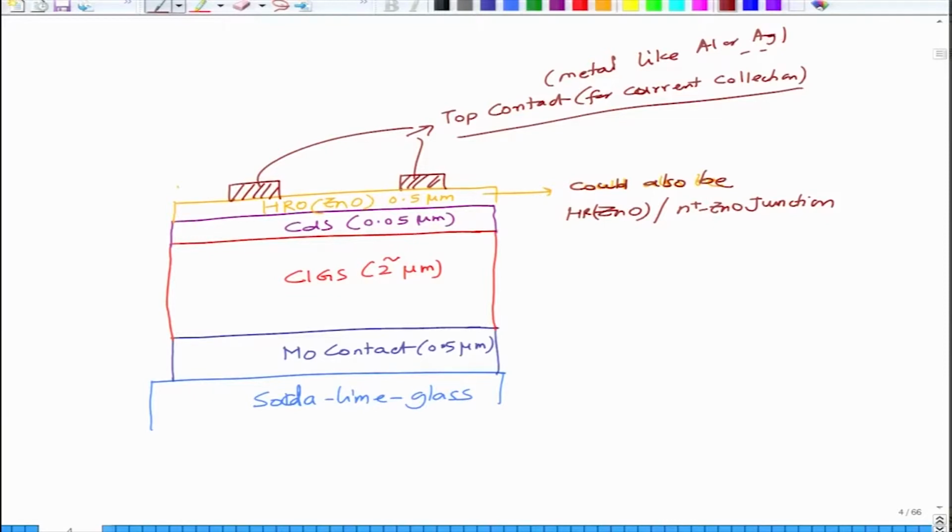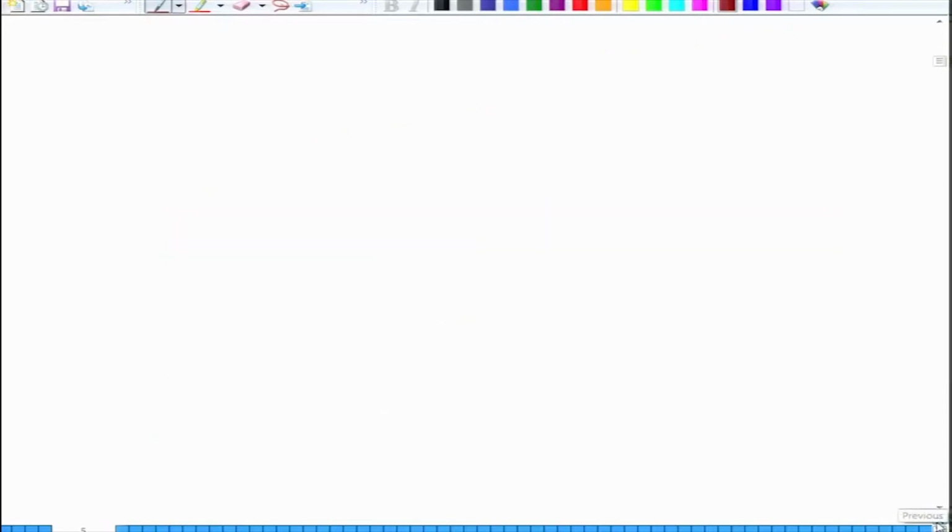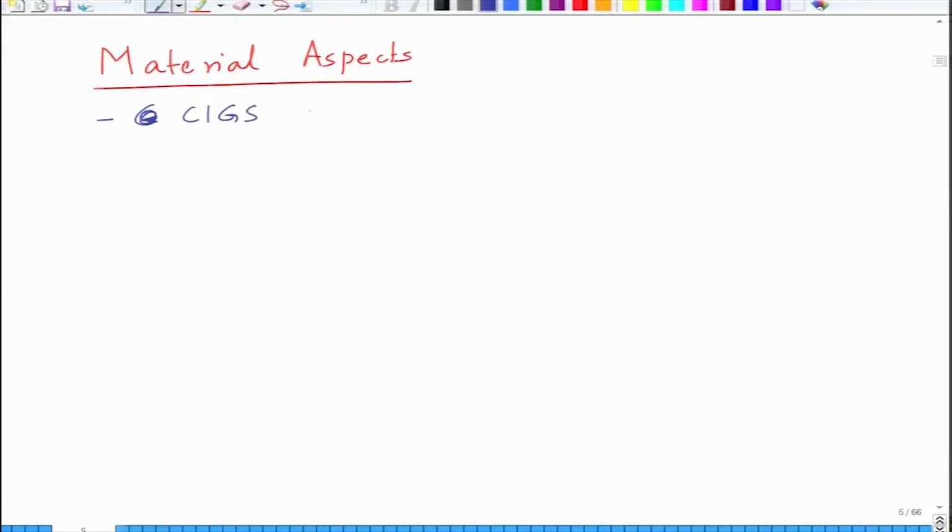So now let's see first what is this material all about. So first we look at the material aspects of CIGS. Why we use CIGS is because you can vary the ratio of indium and gallium with large tolerance.